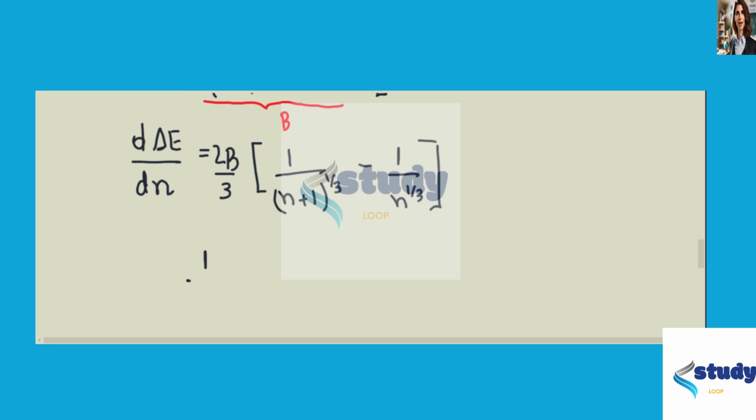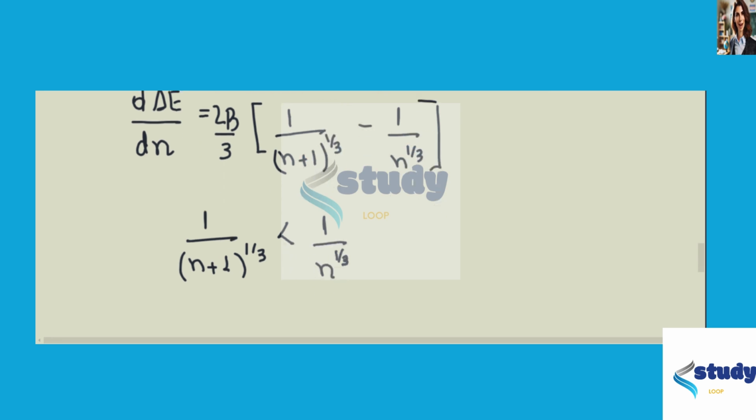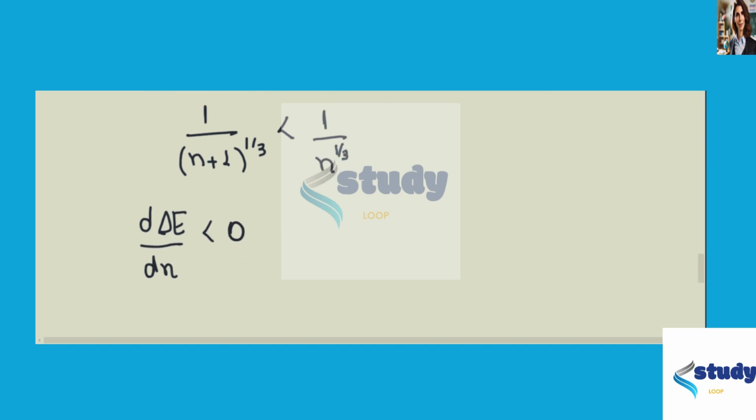Now notice that 1 over n plus 1 to the 1/3 is smaller than 1 over n to the 1/3, meaning that d delta E dn is smaller than 0. Now, if the derivative of the difference energy with respect to n is smaller than 0, this means that the energy difference decreases with n.